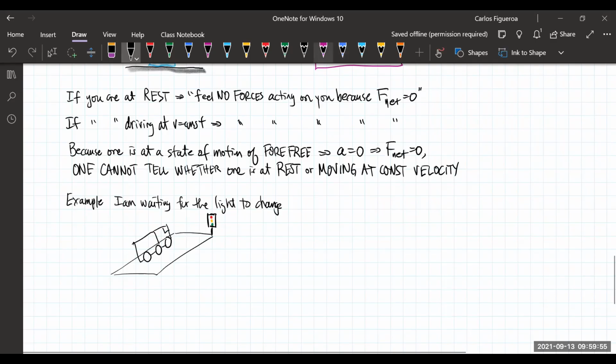Okay, so when I look at this truck, let's make this a green truck. And then there was my car. So I'm here also in my car.